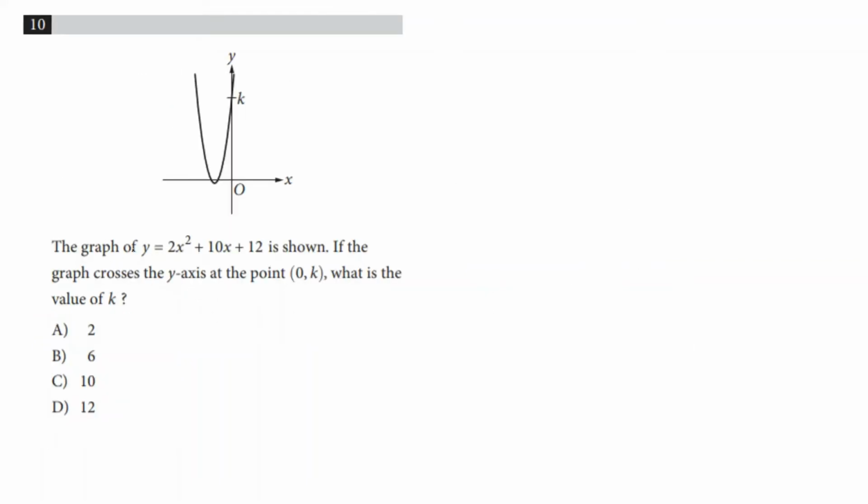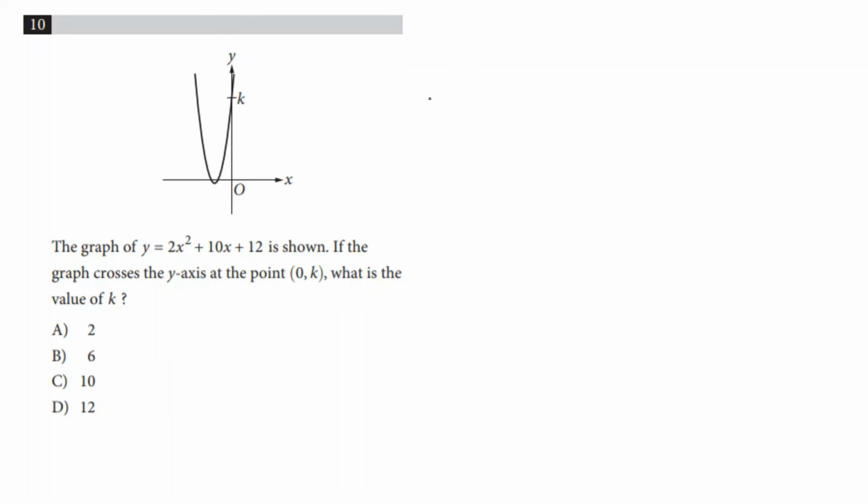So the graph of y is equal to 2x squared plus 10x plus 12 is shown, this right here. If the graph crosses the y-axis at the point 0, k, what is the value of k? So there are two ways to go about this. Let's go about the longer way first, okay?